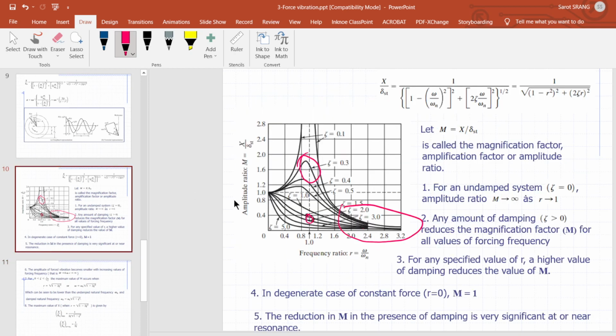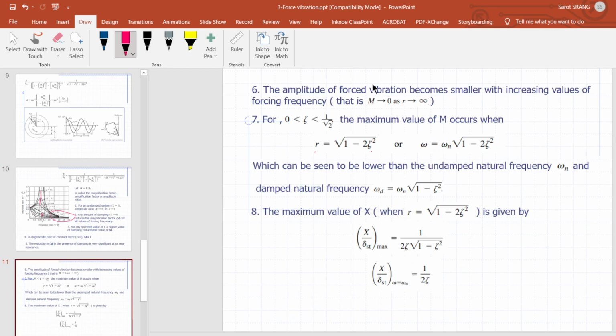So you can see here, for this curve the maximum value is 1, but for this family of curves, the maximum value can be expressed by this, r equal to this.